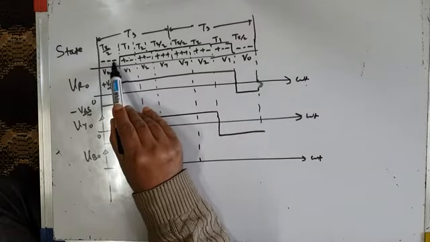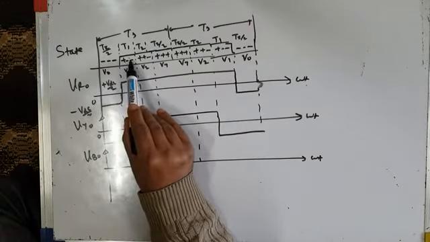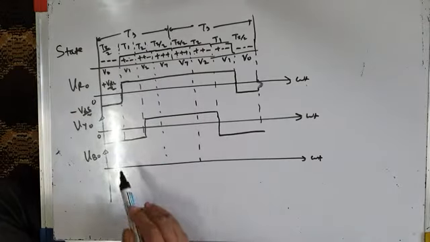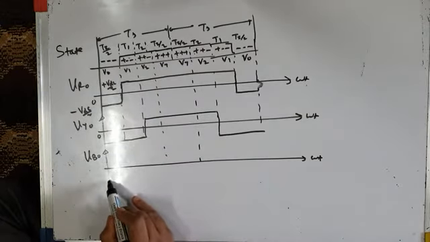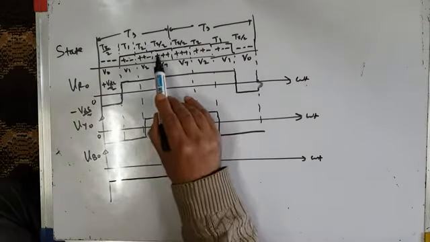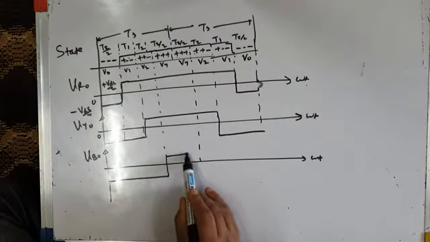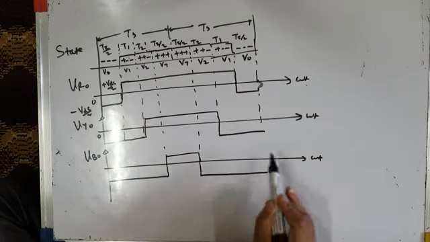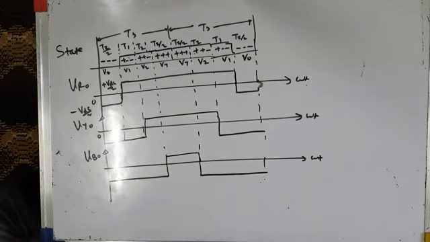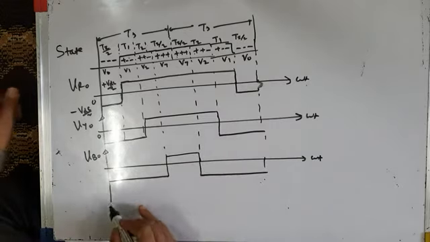So your pole voltage VBO is minus VDC by 2 for 3 intervals. For 2 intervals, it's plus, plus means plus VDC by 2. And then it is minus VDC by 2 again. So these are my pole voltages, VRO, VYO, VBO.